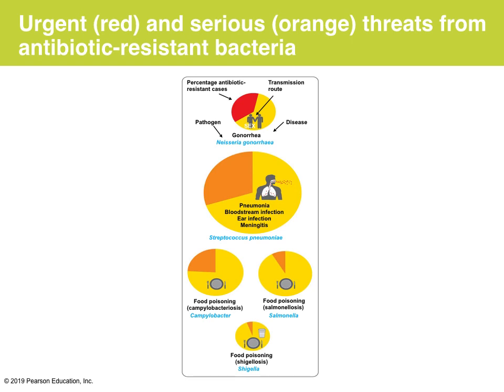Well, with that one, there's a progressively larger group of antibiotic-resistant cases turning up. And if you go to the next one down, it's a form of pneumonia. It's Streptococcus pneumoniae, which is typically associated with pneumonia, bloodstream infection, ear infection, even meningitis. And again, we're seeing a pretty large proportion of these resistant forms developing in the population.